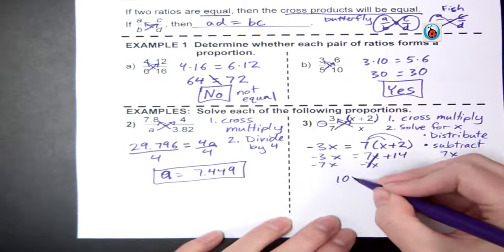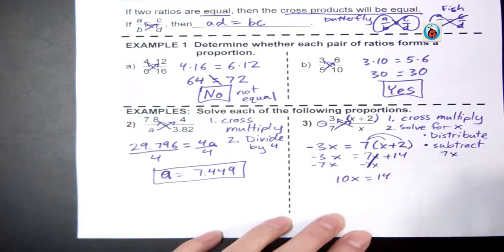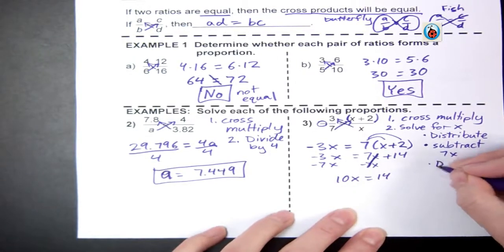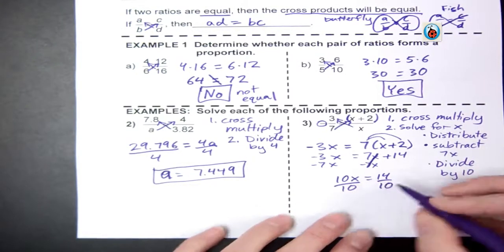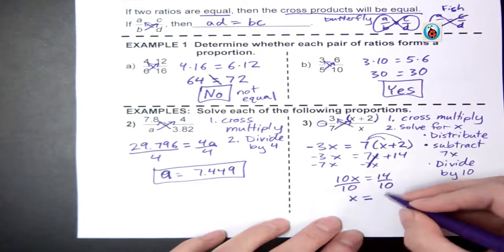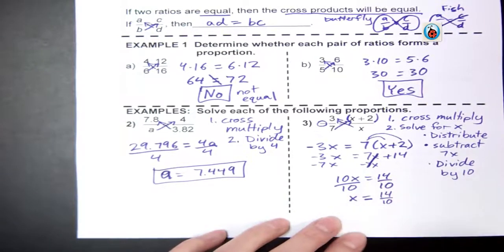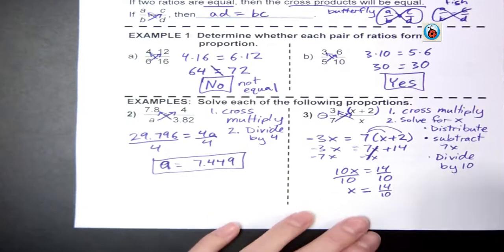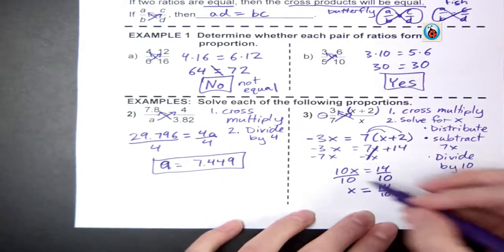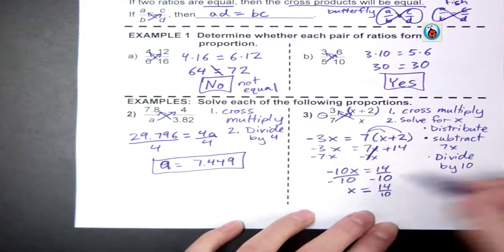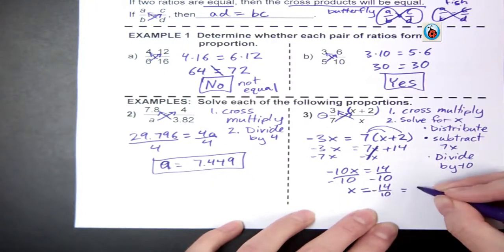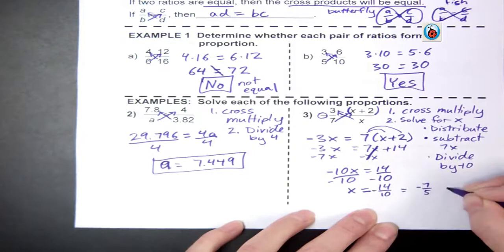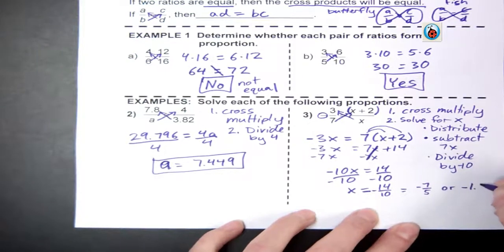That gives me 10x equals 14. And my last step is to divide by 10. And that gives me x equals 14 over 10, and I'm going to always reduce that. I'm sorry, I left off my negative there. Divide by negative 10. And so then I would reduce to negative 7/5, or do the decimal of negative 1.4.